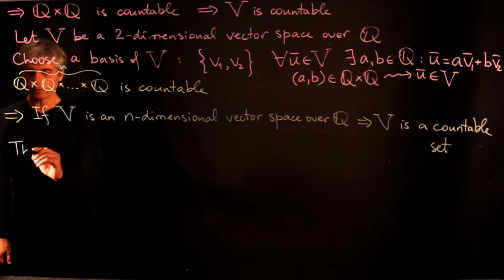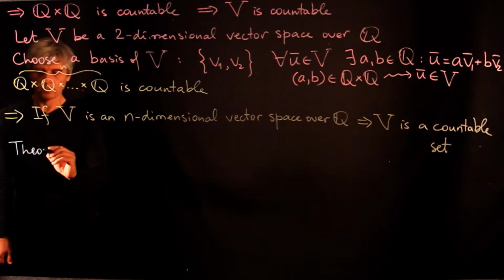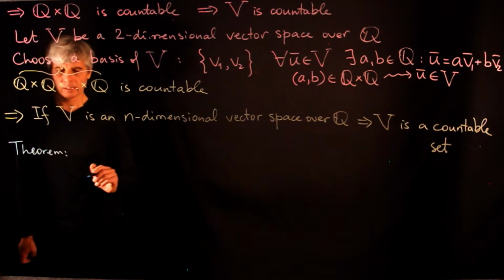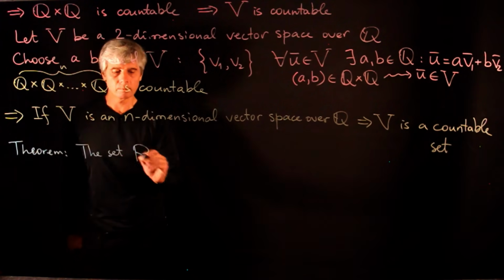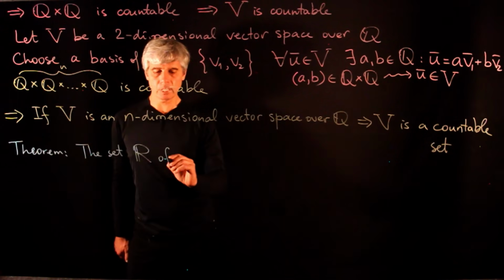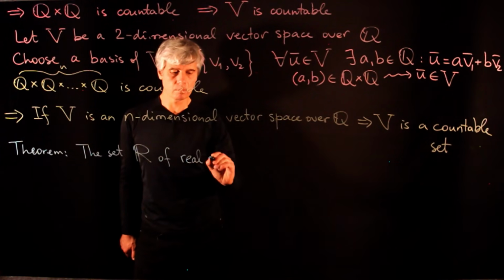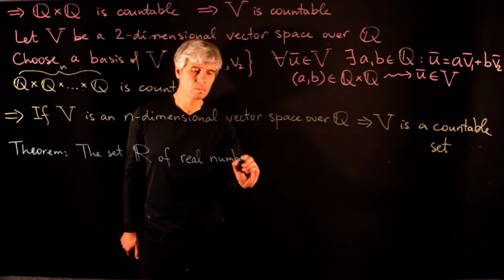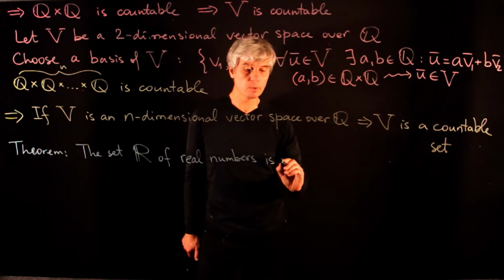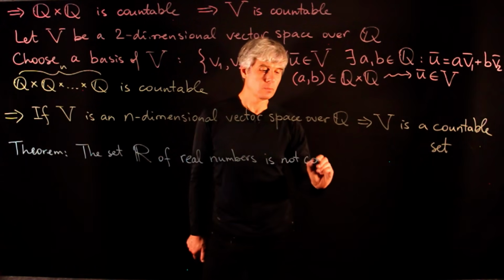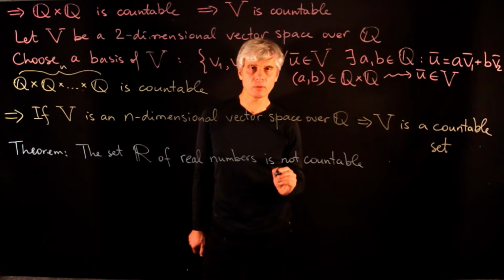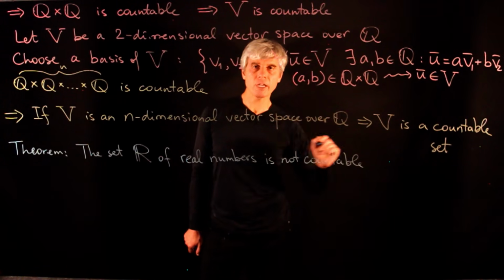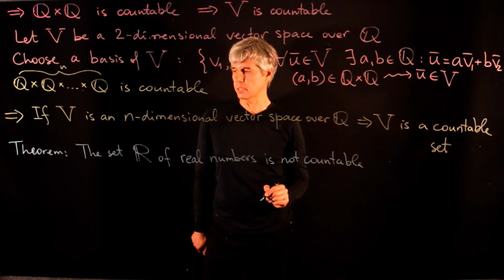So we can state the following theorem: the set R of real numbers is not countable. This means that the set of real numbers cannot be arranged in one sequence.